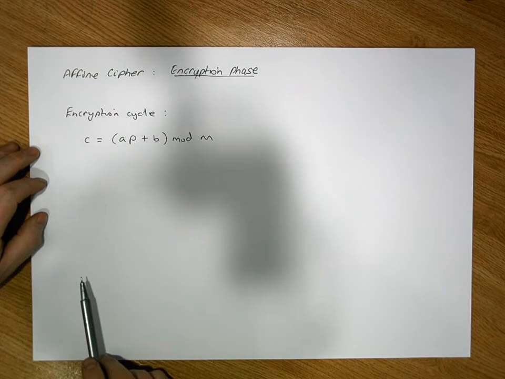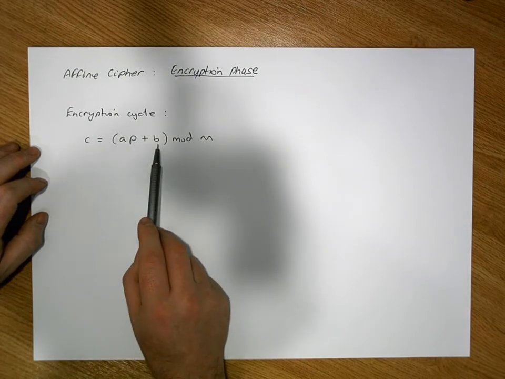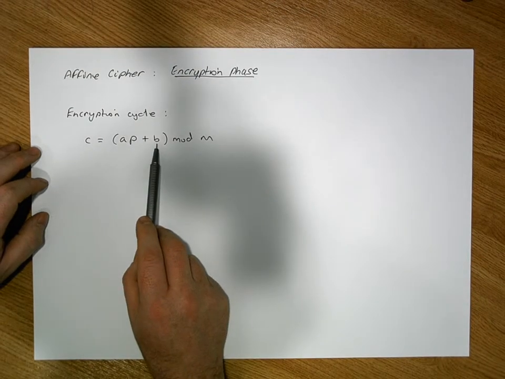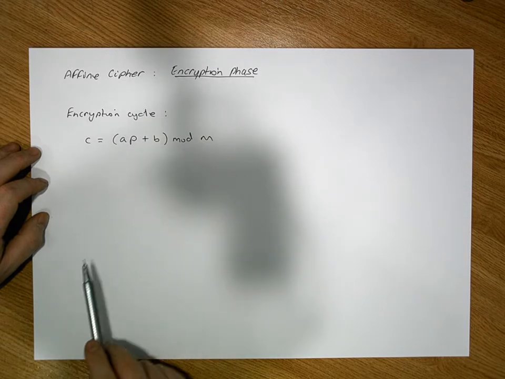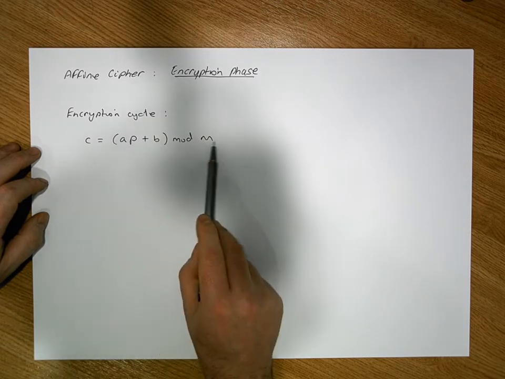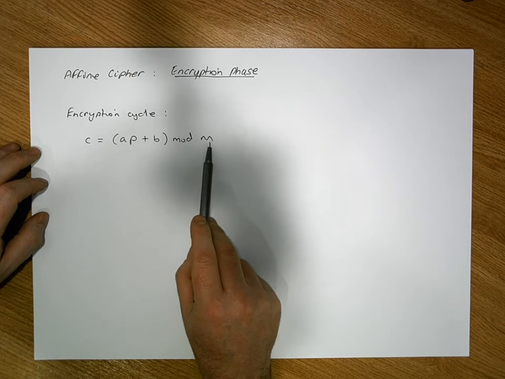Then we choose two numbers, A and B. These numbers have some constraints relative to m, where m is the size of our alphabet.